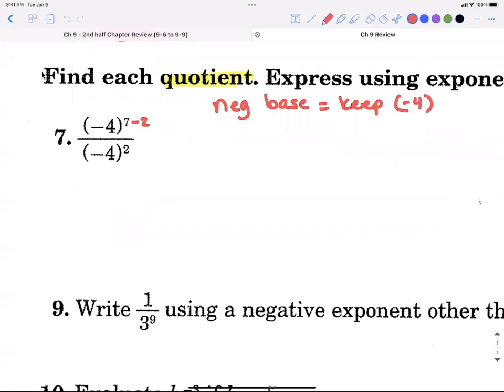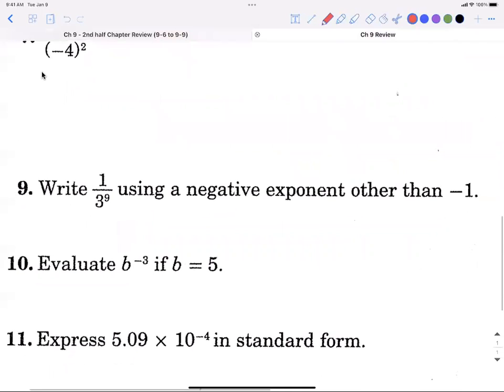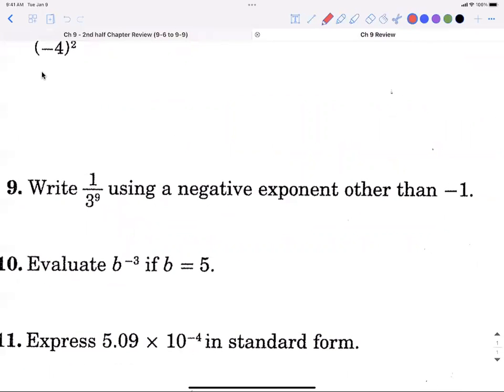Okay. All right, number 9 says write using a negative exponent other than 1. That's fine because the exponent's not a 1 anyway. So remember, to change the sign of an exponent, you change the location. If it is currently in the bottom and you need to make it a negative, then you just change the location.